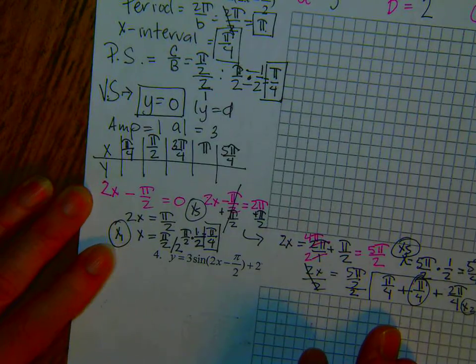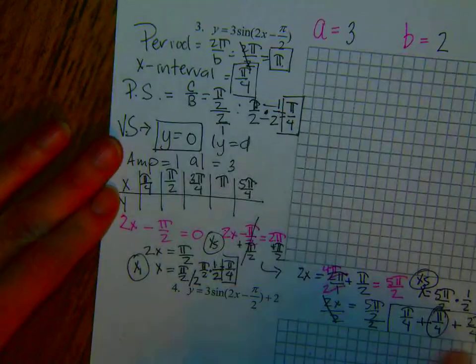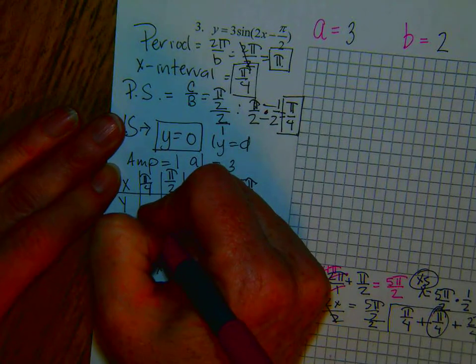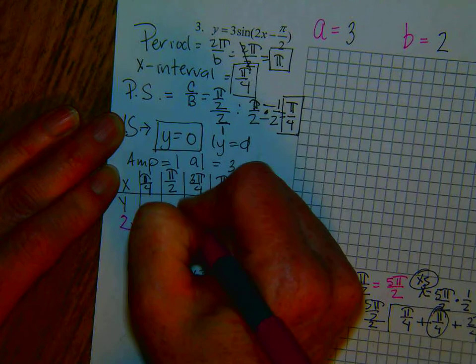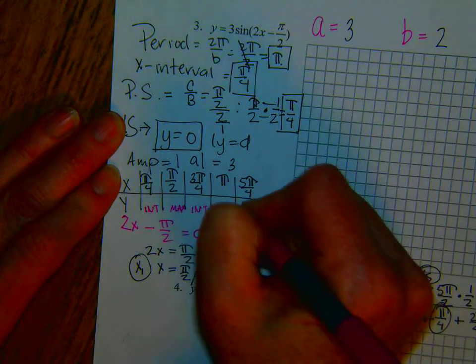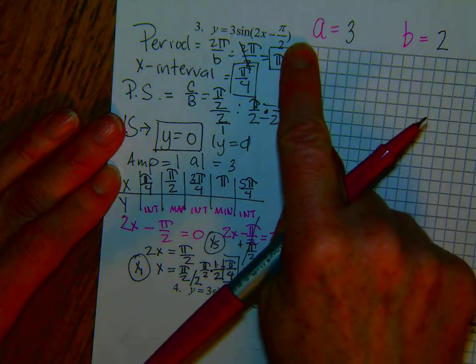Now I need to solve for my y values. So let's do that. I have a positive sine function, so what is a positive sine function? Interval, max, interval, min, interval. Now I have no d.